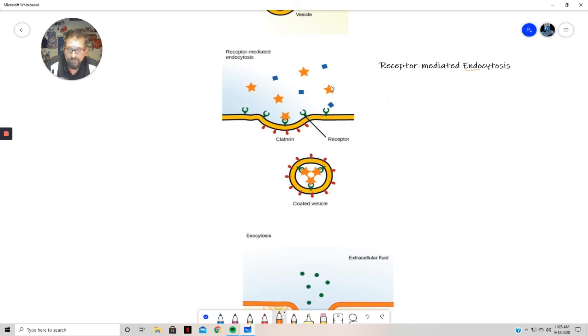So we're taking something from the outside and bringing it in, but we're also using receptors that have to recognize the molecule or whatever it is. Again, we're talking large bulk, so we're talking big stuff. So whatever it is, it has to be recognized. And so these receptors are the same type of things that are used on the proteins to recognize things. So in this situation, again, the same thing.